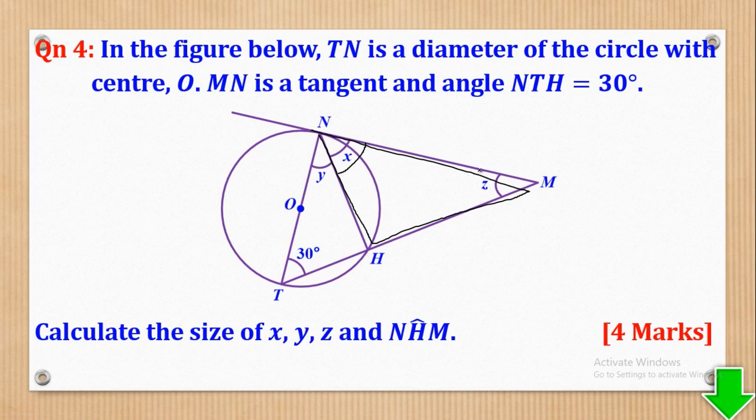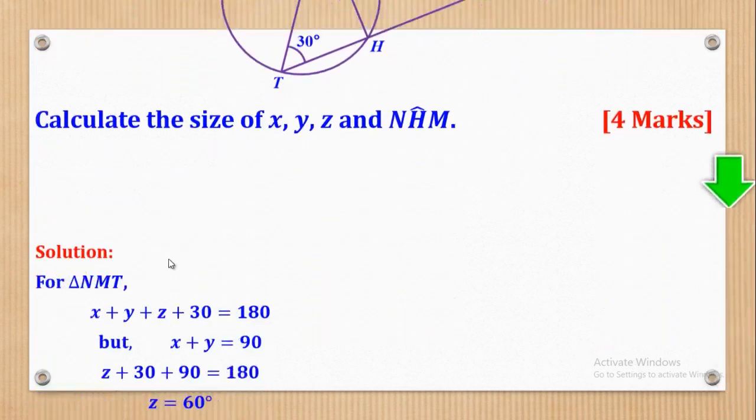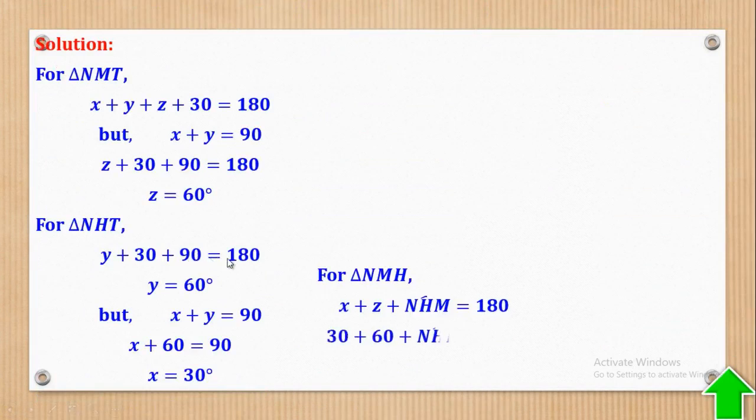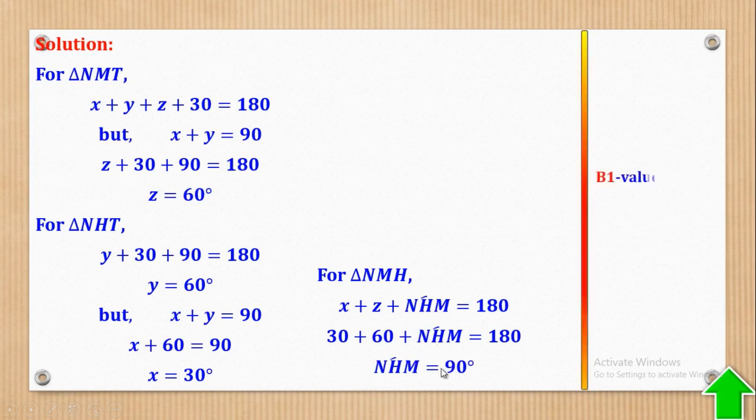Therefore, this plus this plus this must be equal to 180 degrees. So this is the triangle NHM, and this is angle x, this is angle z. So you substitute for x and z to remain with only this unknown. Therefore, when I make that the subject, the angle required will be 90 degrees.